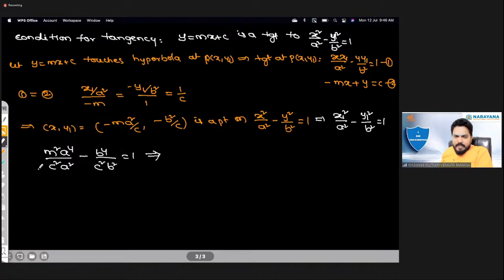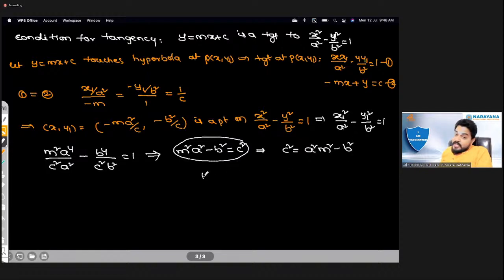So that means m square a square minus b square is equal to c square. So what is the condition? c square is equal to a square m square minus b square. What is the point of contact? You take this one.